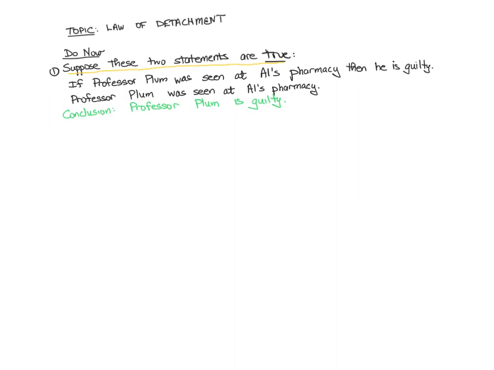So let's put this information into logical symbols. Let P represent Professor Plum was seen at Al's pharmacy.